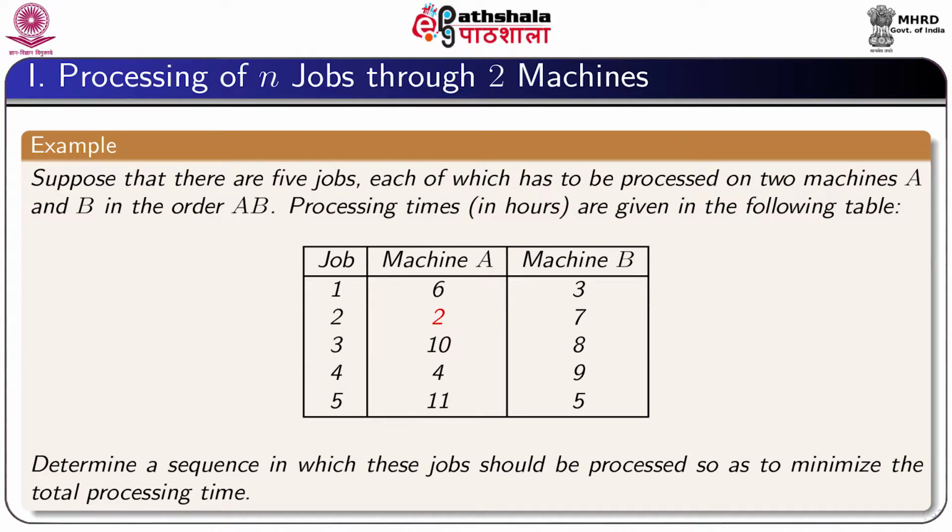Now, we will take an example to show how Johnson's algorithm can be applied to solve a type 1 job sequencing problem, that is processing of n jobs through two machines. Suppose that there are 5 jobs, job 1, 2, 3, 4 and 5, each of which has to be processed on two machines A and B in the order AB. Processing times in hours are given in the following table.